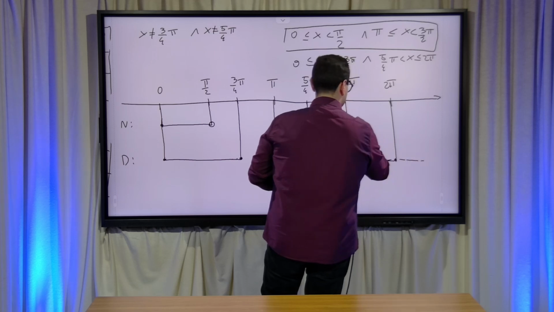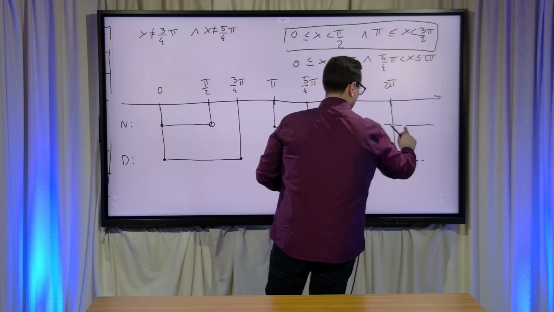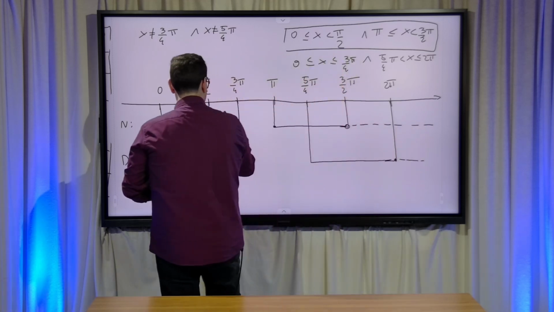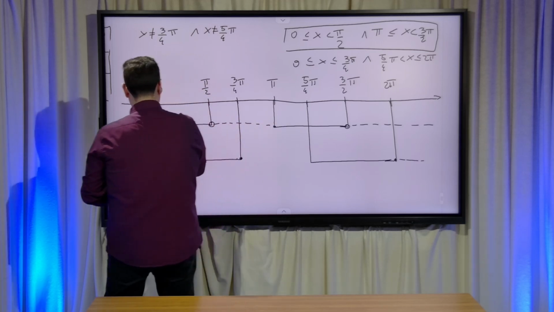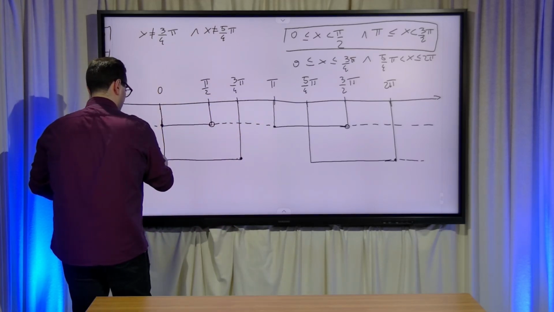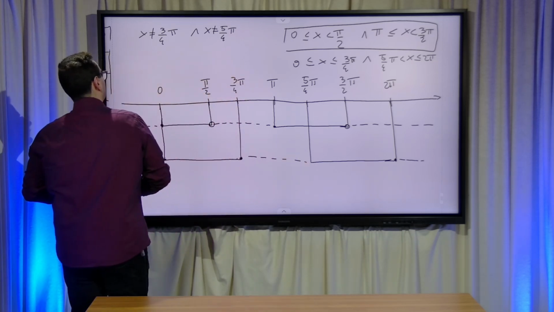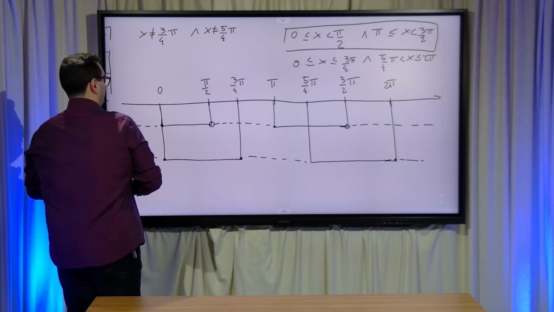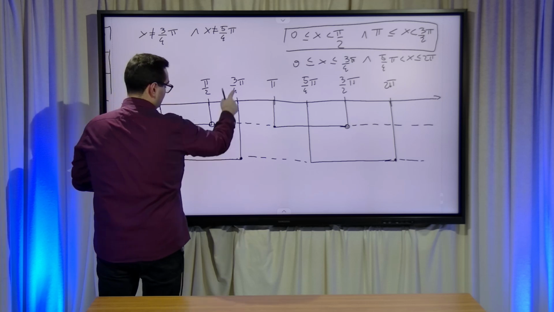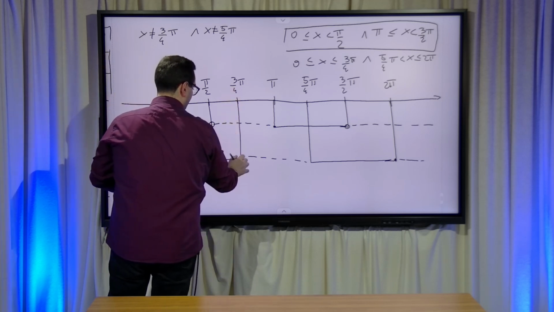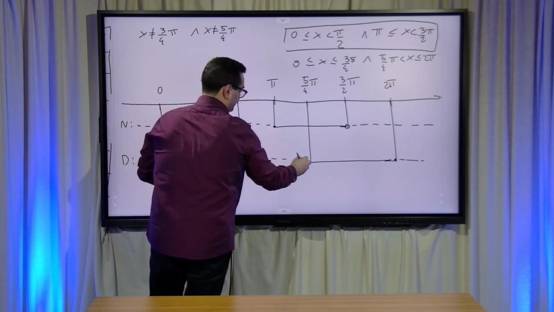Now I'm gonna place a dashed line where I don't have the solution. And I will report also the domain, so x must be not equal to 3 pi over 4, so here I put an empty circle, same thing here.